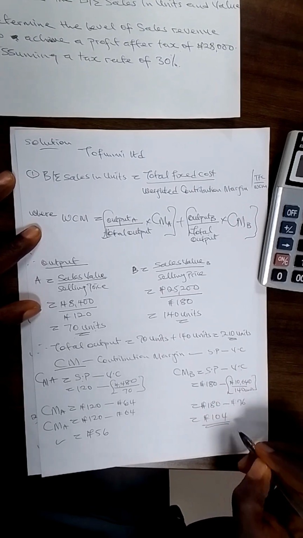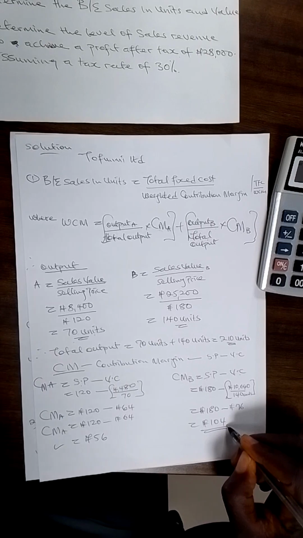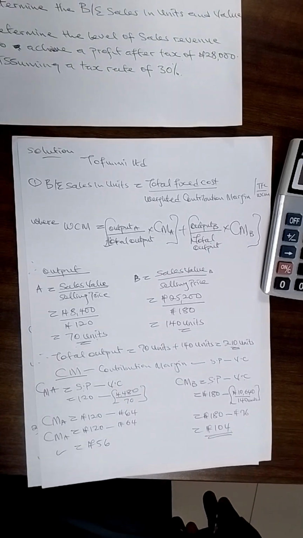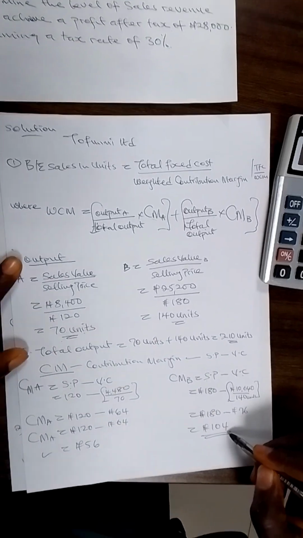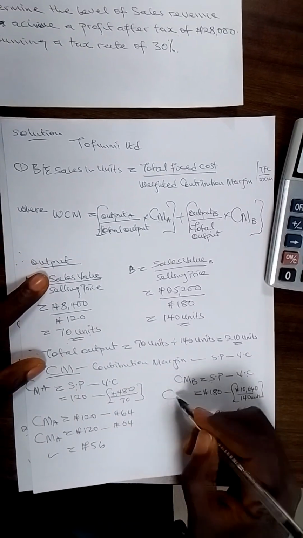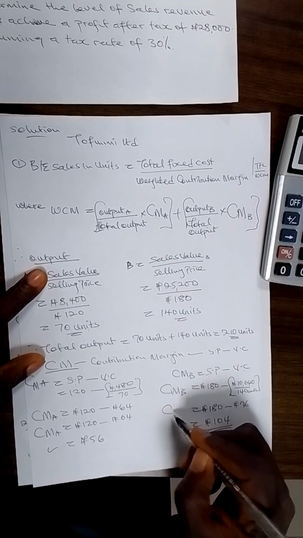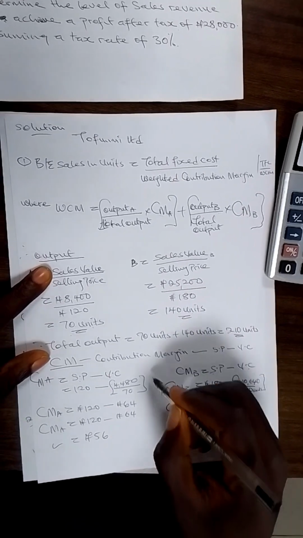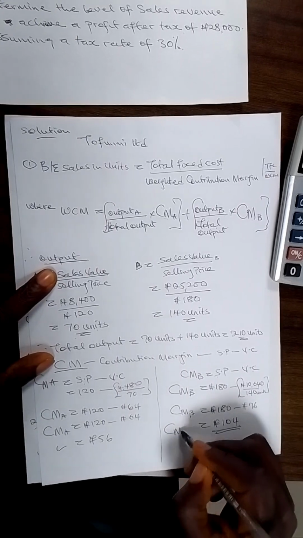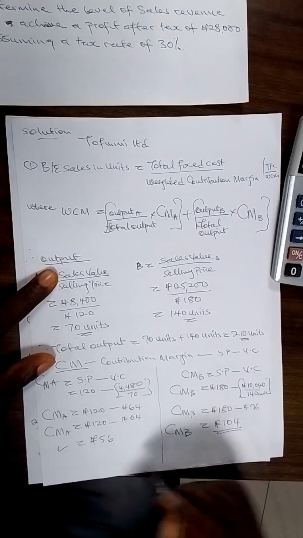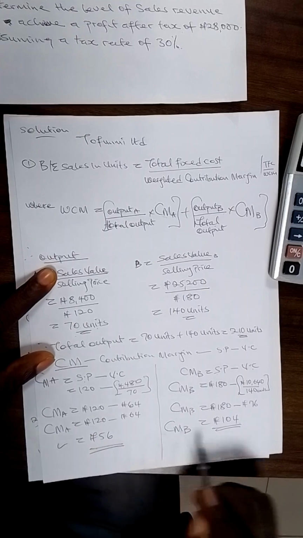This is the contribution margin for product B. So we have gotten the contribution margin for A and B.